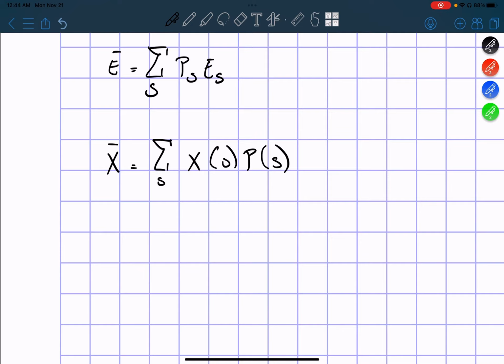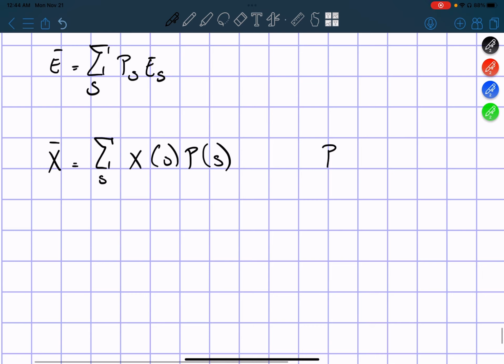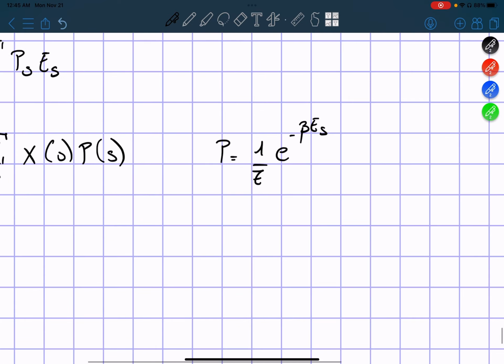Well, the probability, we said, is always equal to 1 over Z times e to the power of negative beta E of s, where beta stands for 1 over kT.